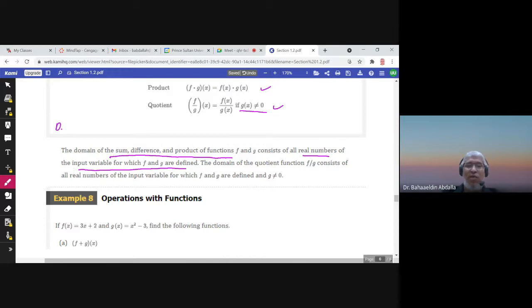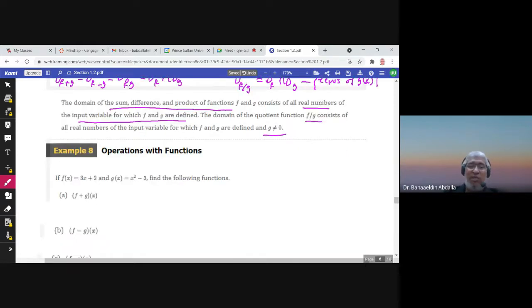So the domain of f plus g equals the domain of f minus g equals the domain of f times g equals domain of f intersection domain of g, while the domain of f over g would be the domain of f intersection domain of g minus zeros of g of x. So we have to remove the zeros of g of x. g shouldn't be 0 because it is in the denominator.